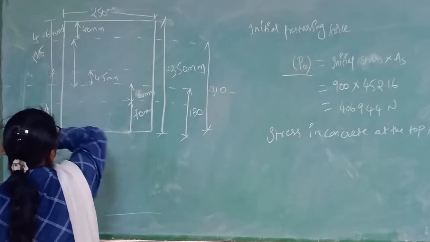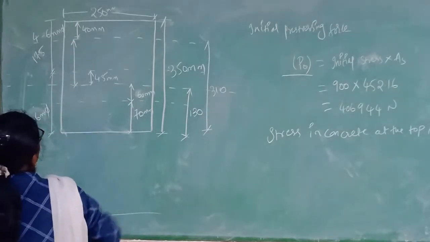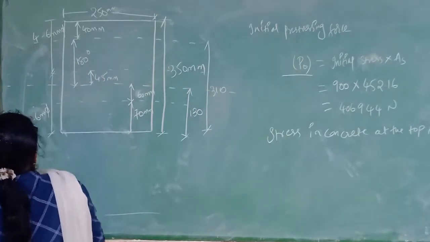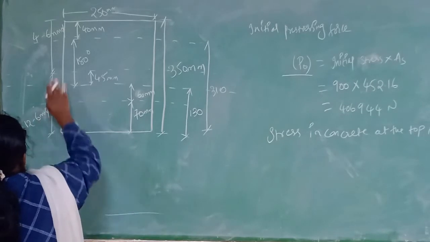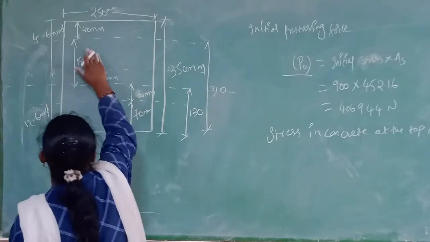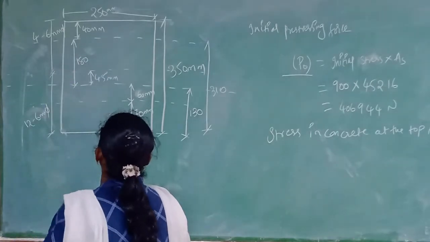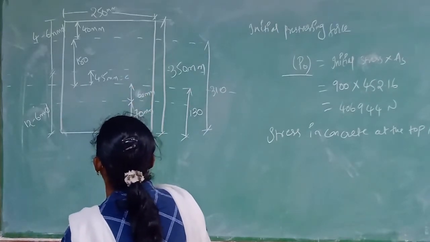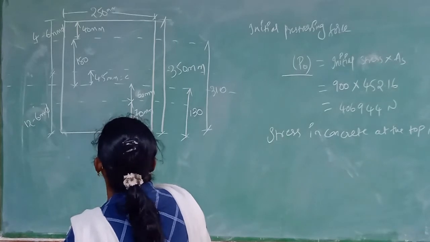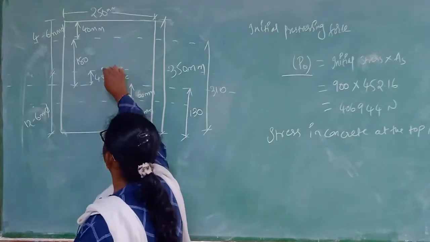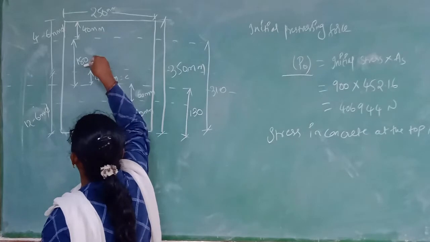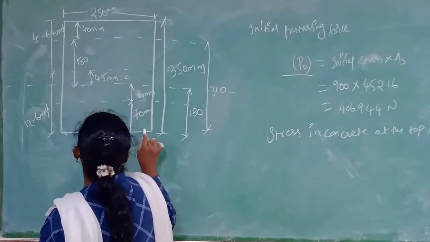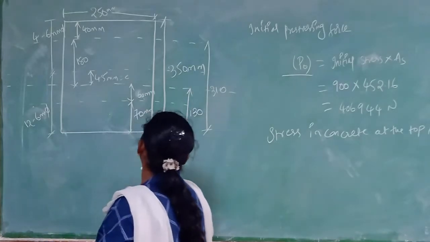From here to here you will be having 180. Here this is our eccentricity. 220 plus 130 will give you 350, right?